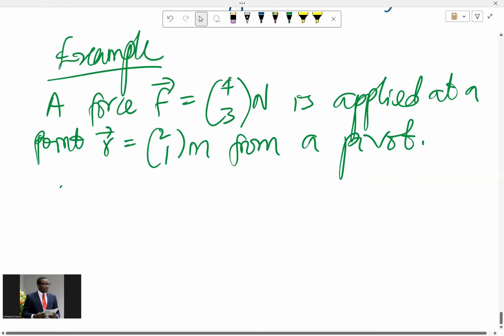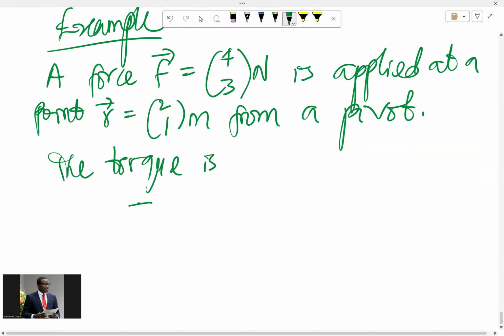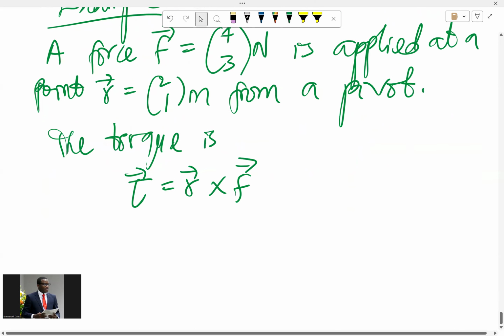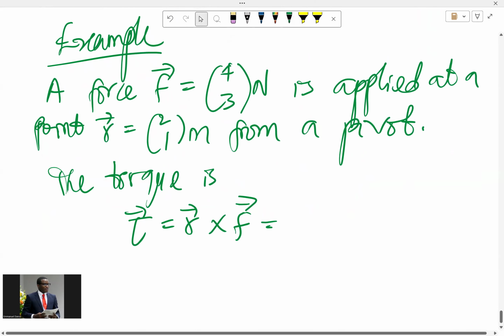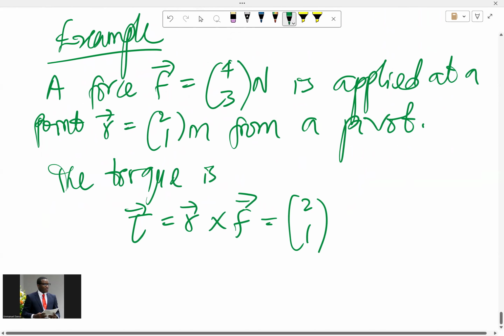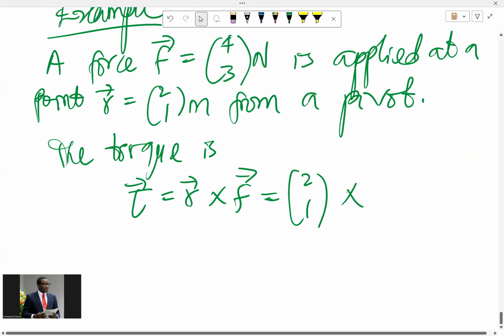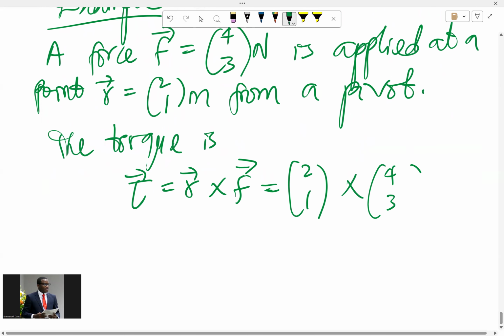The torque is tau, which is R cross F. So here we just have R is (2, 1) cross F, which is (4, 3).